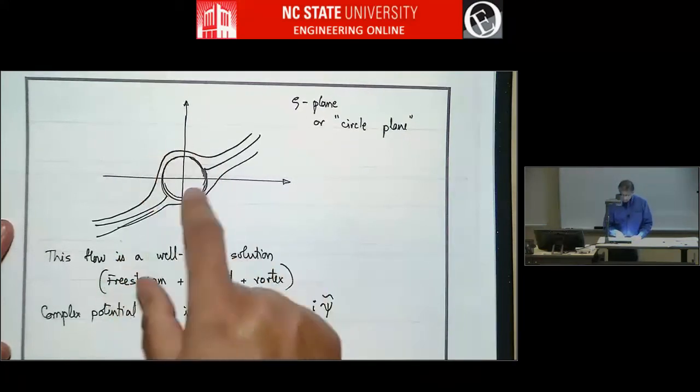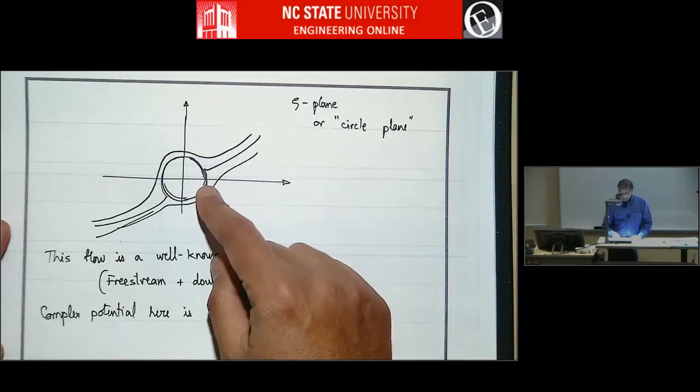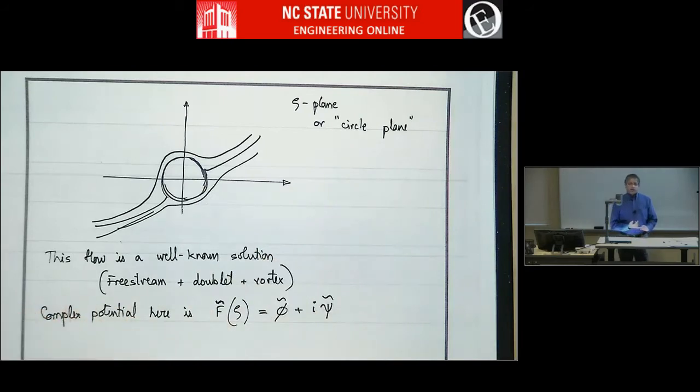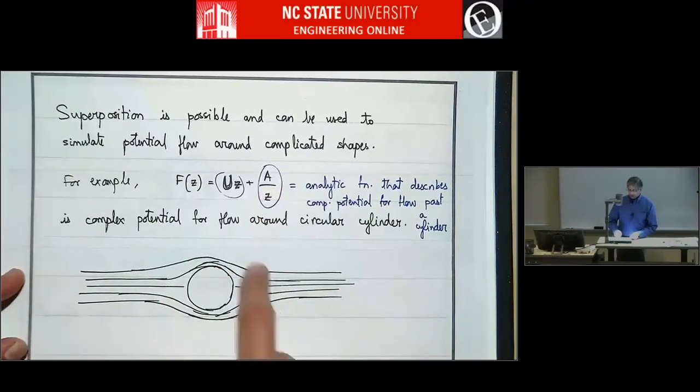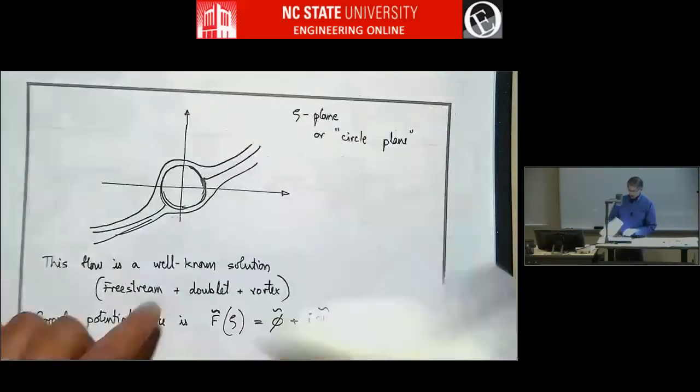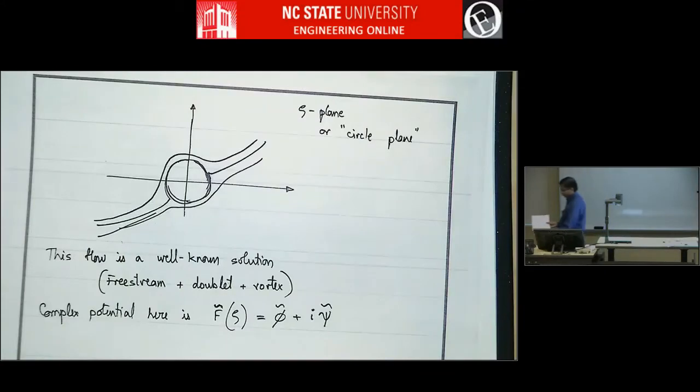Right? So this flow, we know this. If you add free stream and doublet, you'll get non-lifting flow or flow past a non-lifting cylinder. If you add free stream and doublet and a vortex, you'll get flow past a lifting cylinder. And it's just a matter of adding the complex functions like we did 2 pages back. Here we added free stream and doublet and we got this flow. So if you put a vortex, you'll get some kind of flow like this, some lifting cylinder solution.